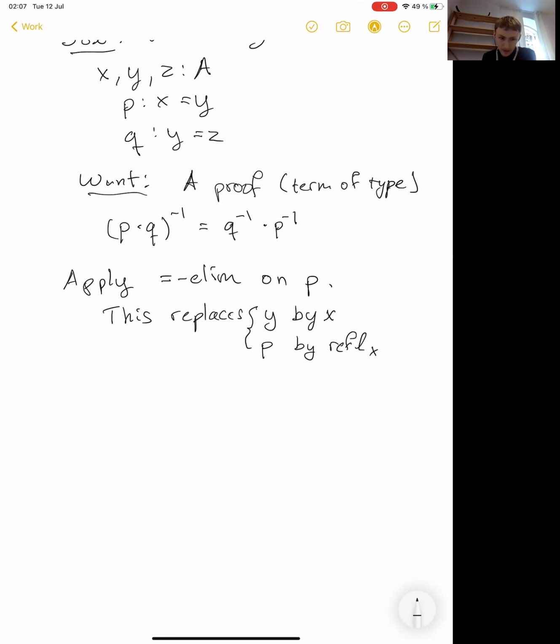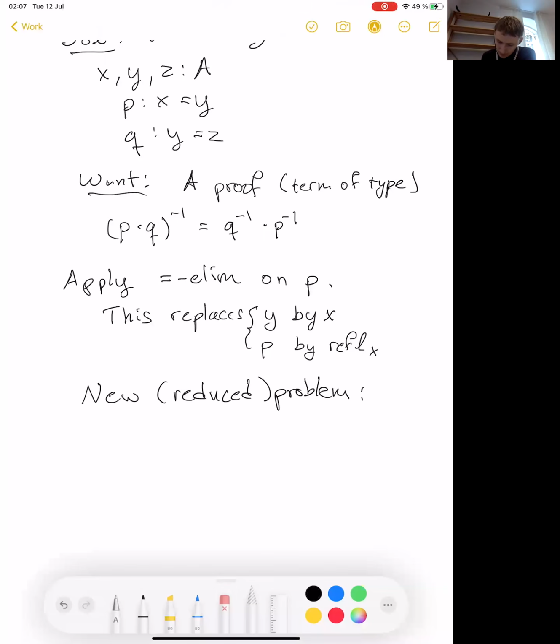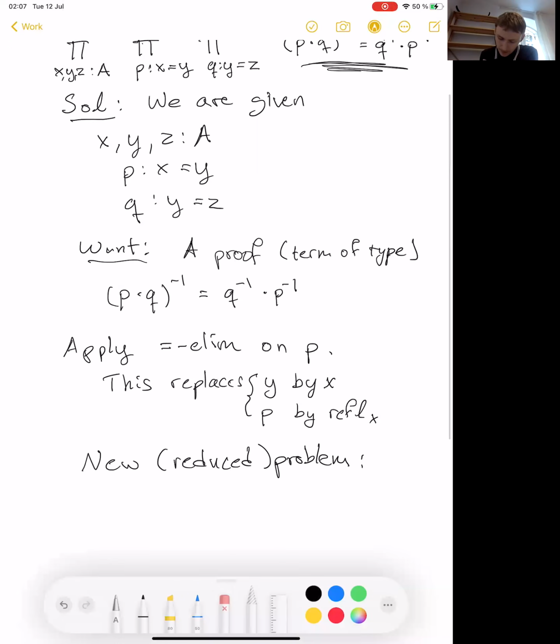Okay, so now we get a new problem, a reduced problem. And this is going to be the same problem as we started with, but nicer. So let's copy it. If I can do that.